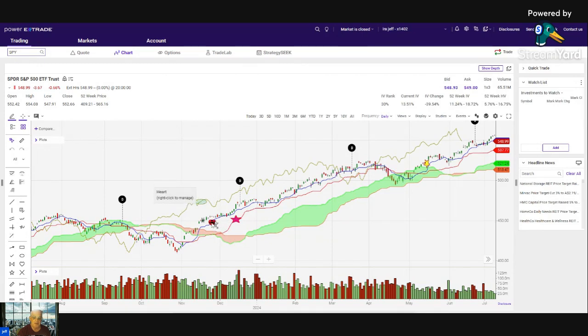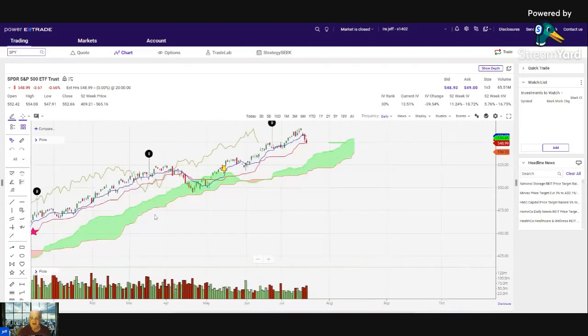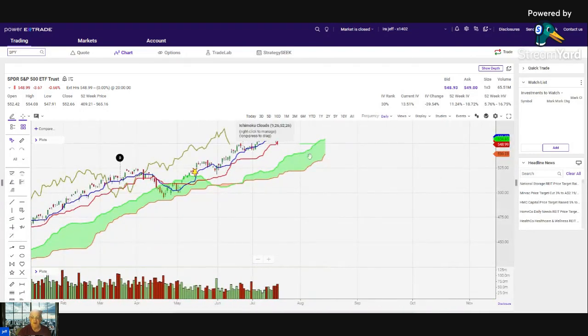The blue, where I put a heart, is the conversion line. And the olive color here is the lag, which is 26 days before the current price. Also notice the green cloud and a red cloud, and a green cloud all the way to the right.